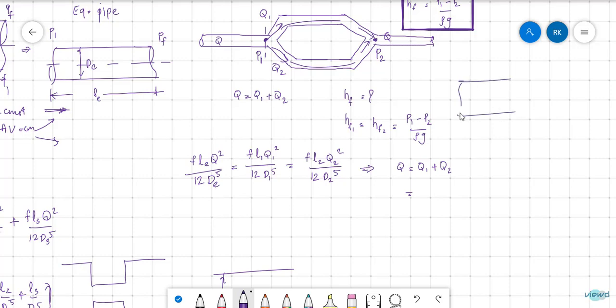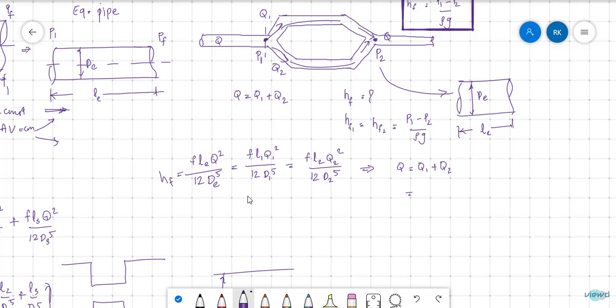I am converting this parallel connection into a single pipe of diameter D_E, equivalent diameter and equivalent length. That will be, this is equal to HF.